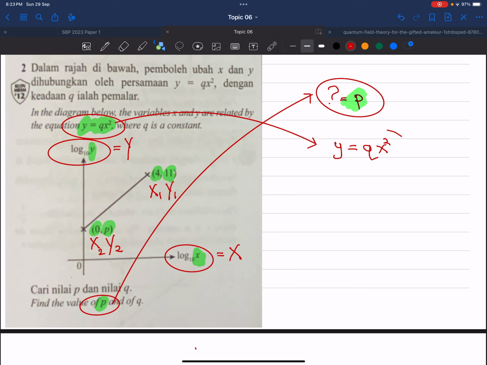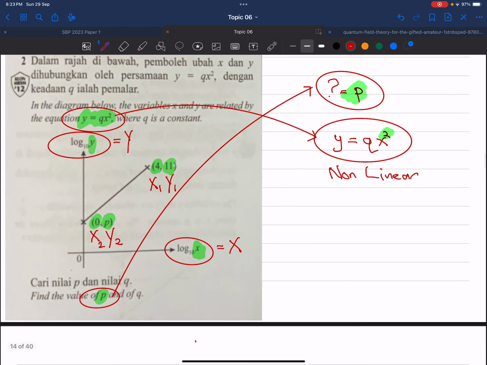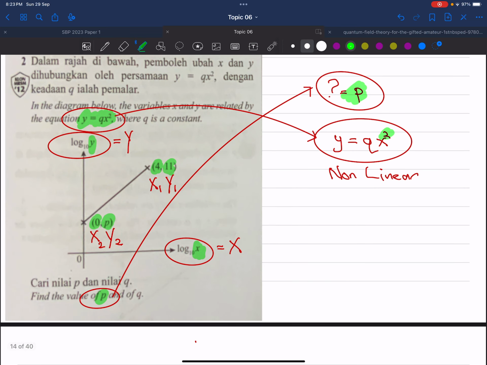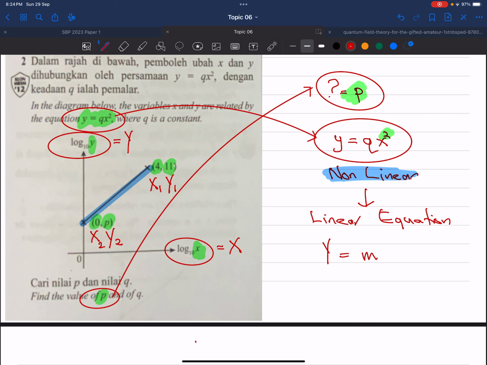And this equation, because we have a power, it is non-linear. And since we are given a straight line, that means the non-linear, we have to change it to a linear equation of the form capital Y equals mX plus C. Okay?